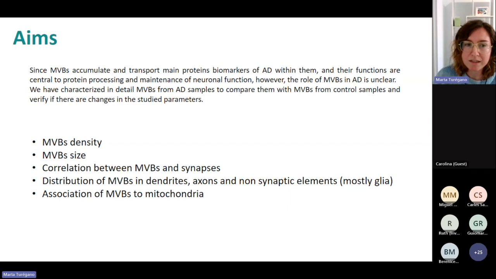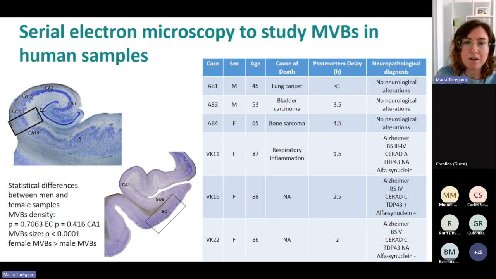To do that, we use serial electron microscopy in human samples. So we have 3 cases with no neurological alterations and 3 cases characterized as samples with Alzheimer's disease.